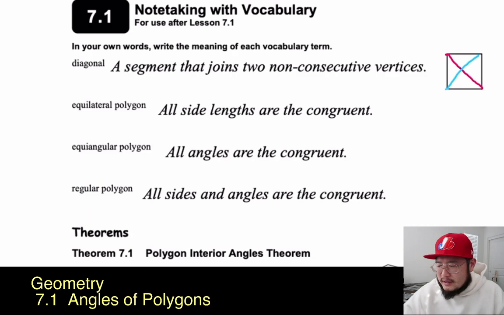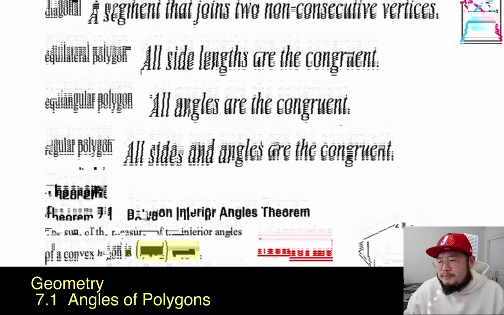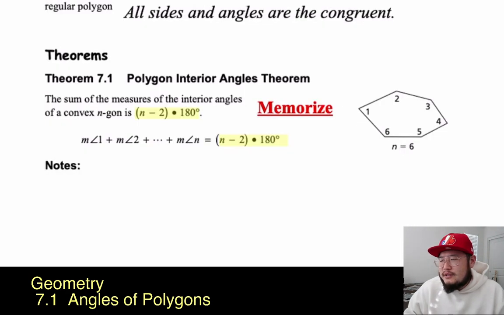Theorem 7.1 is the polygon interior angles theorem. It says that the sum of the measures of the interior angles of a convex n-gon, and remember, n-gon means whatever number of sides, it doesn't matter, if it's 20 sides then it'd be a 20-gon, right?